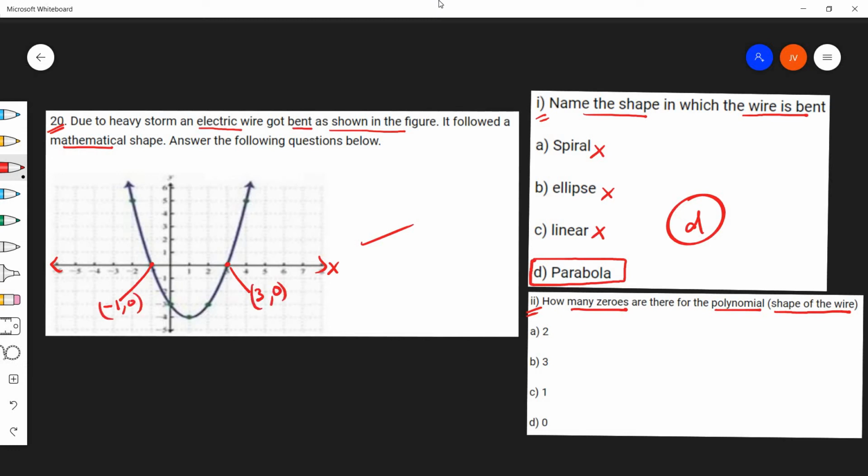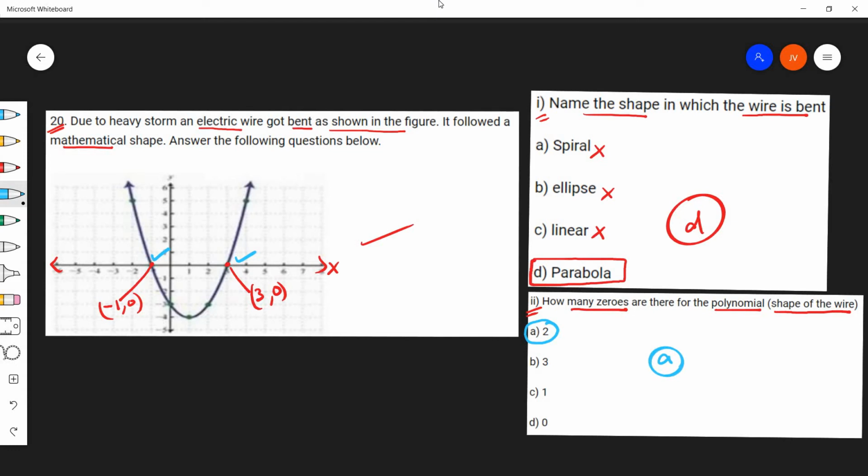But how many zeros are there? There are 2 distinct zeros, the 2 points where the graph intersects the x-axis. So there are 2 zeros of the polynomial.